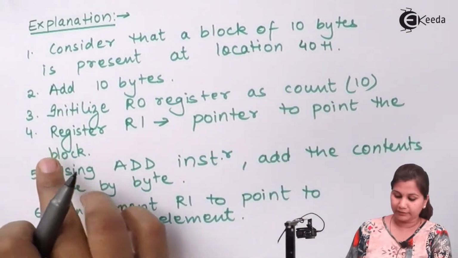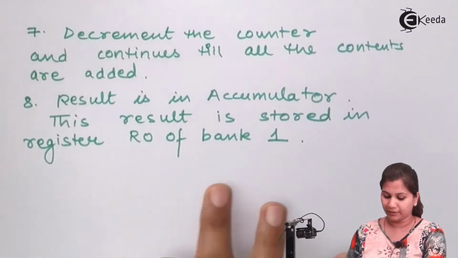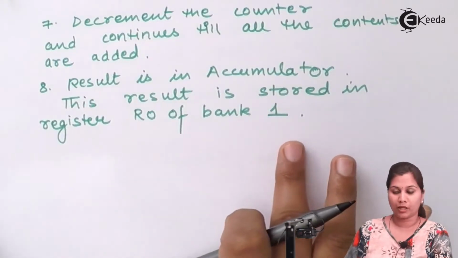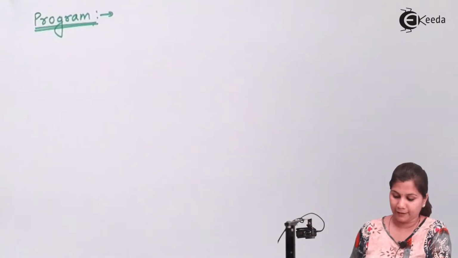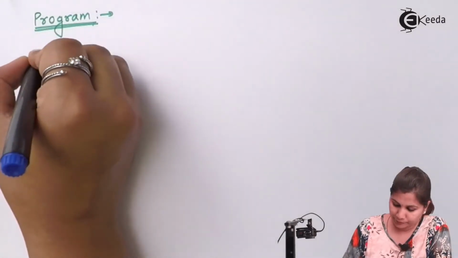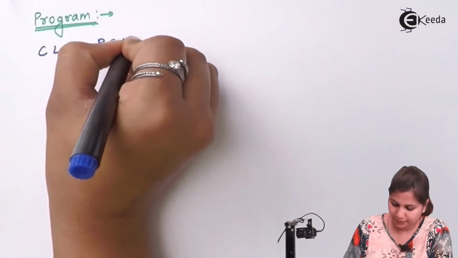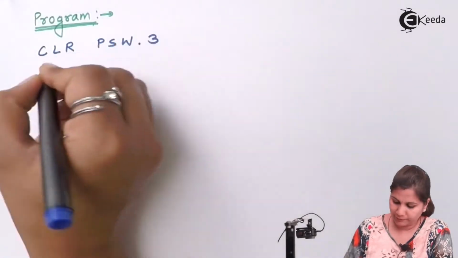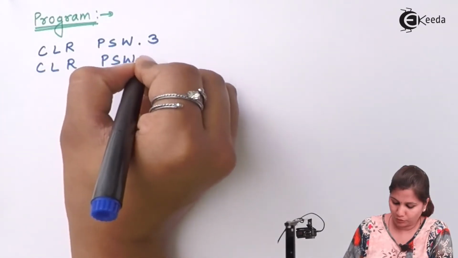Okay, and the result is to be stored in the register R0 of bank number 1. So first of all, we are going to select the register bank. So first instruction is CLR PSW dot 3 and CLR PSW dot 4.